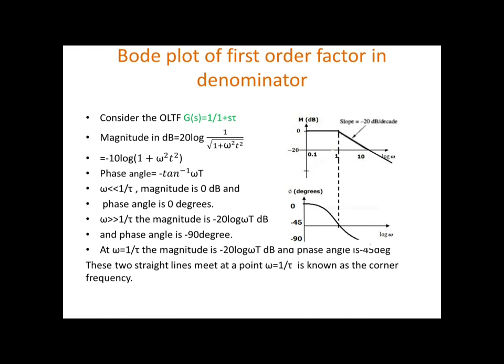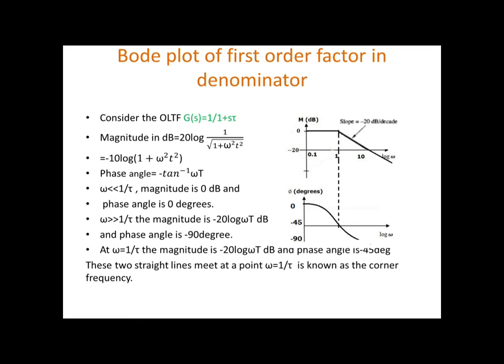That means 1 is assumed to be negligible here. And when omega t is equal to 1, that means omega equals 1 by t, if we put the value, then the magnitude becomes 0 dB.